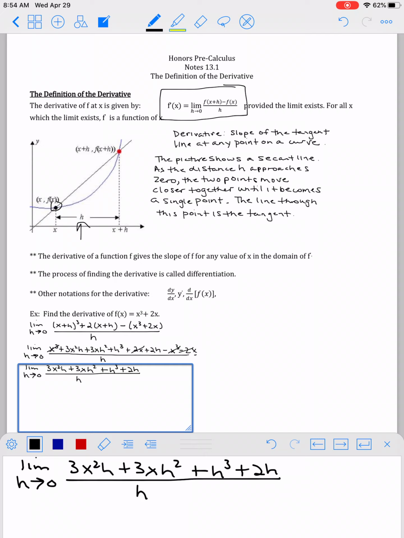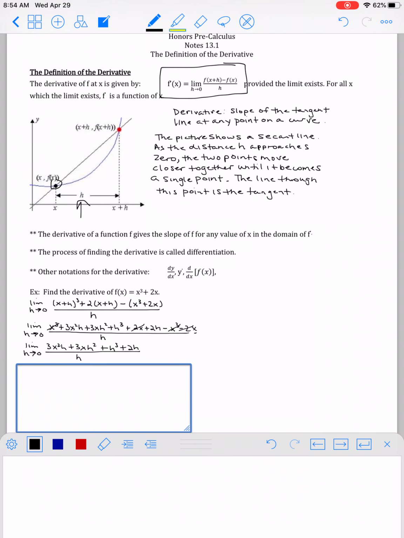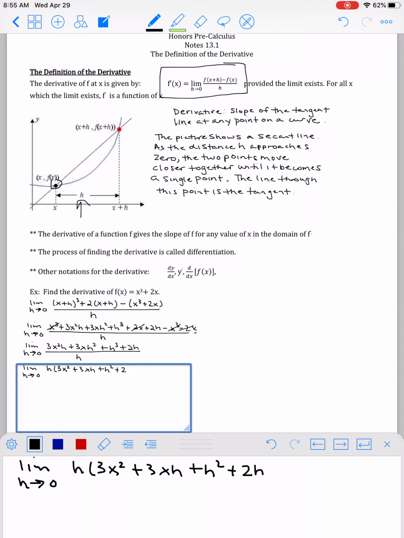Now, I still can't plug in the 0, so our next strategy is to factor. I'm going to take an h out of everything on the top, and so when I do that, I'm left with 3x squared plus 3xh plus h squared plus 2h.